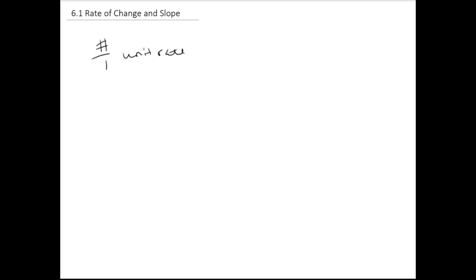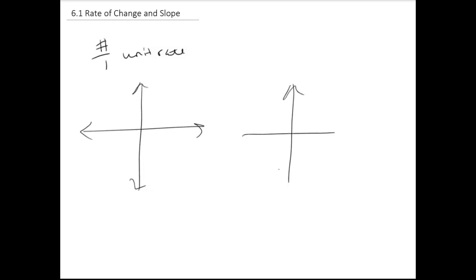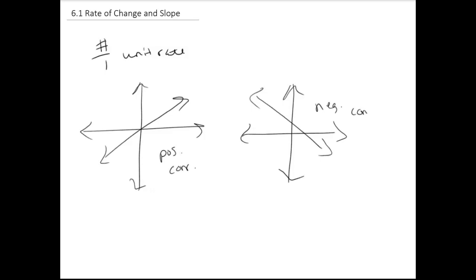So when we talk about rate of change and slope, we're actually going to be talking about the coordinate plane. And we've dealt with that a little bit as well. In the past, we've talked about simply plotting points, which we're going to need to know how to do for sure, but also this idea of positive or negative correlation. So this is considered a positive correlation, and this is considered a negative correlation.